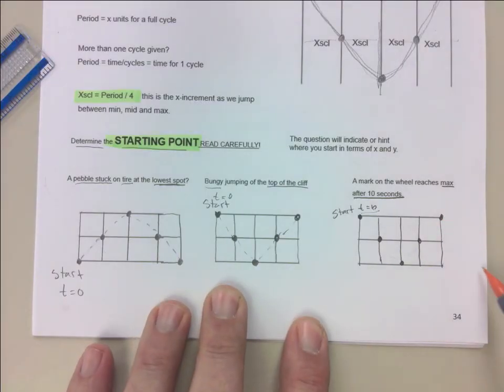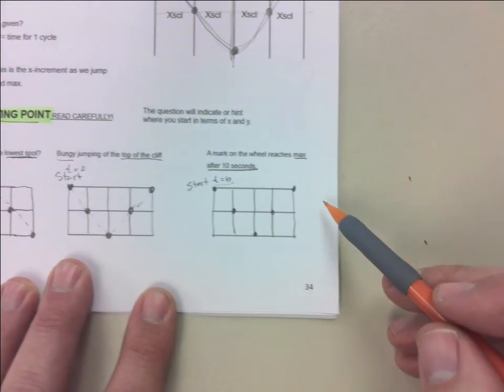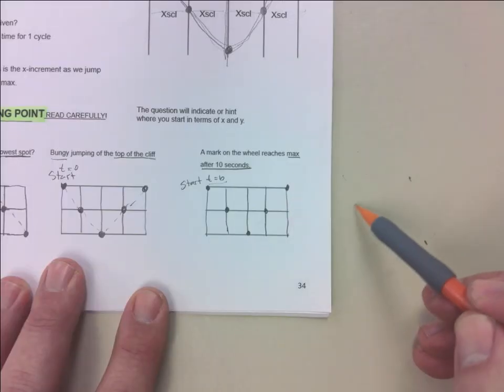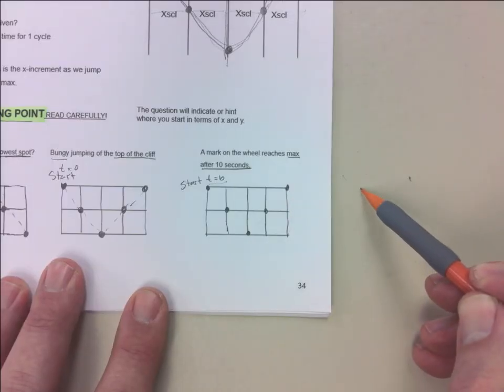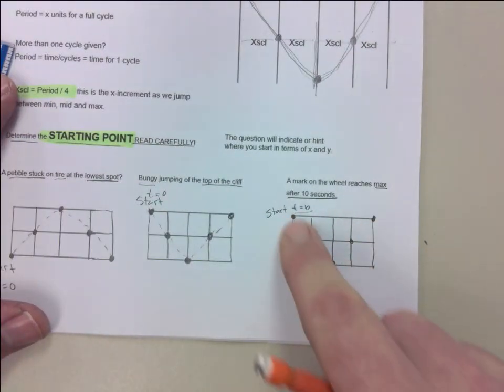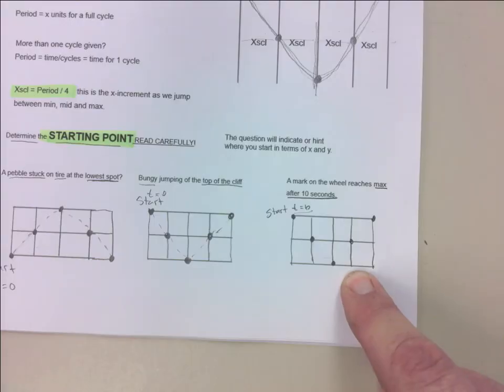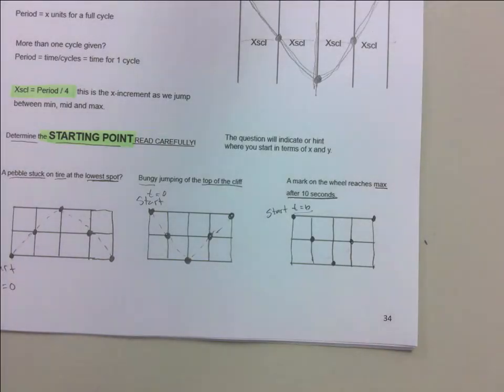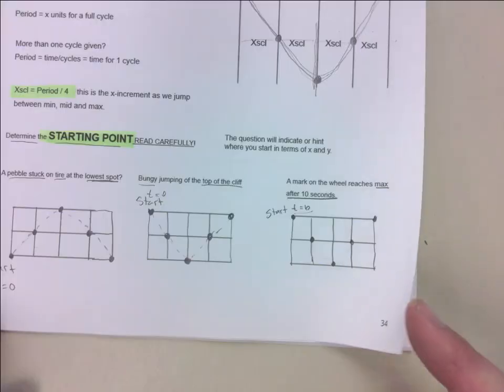If another 2 seconds went by, you would be at time 14. And at time 16, 18, 20, right? But we don't care about that. We just want to have 5 consecutive points like this. Okay? All right. Let's go and try one, and then we'll talk.